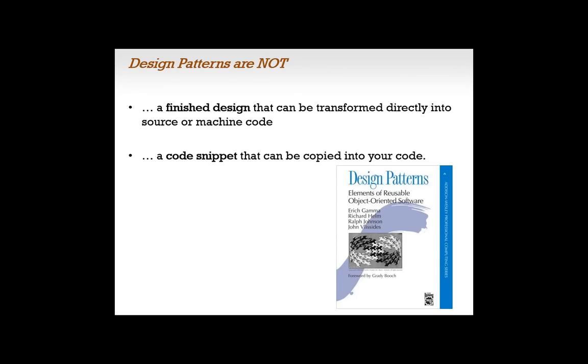They're not a finished design that can be directly transformed into source or machine code, and they're not a code snippet that can be copied into your code. You might see some samples on the net which are actually code, and you copy and paste it, but the design patterns described in this book from the Gang of Four, they're not code. They're just a description of how to solve a problem.